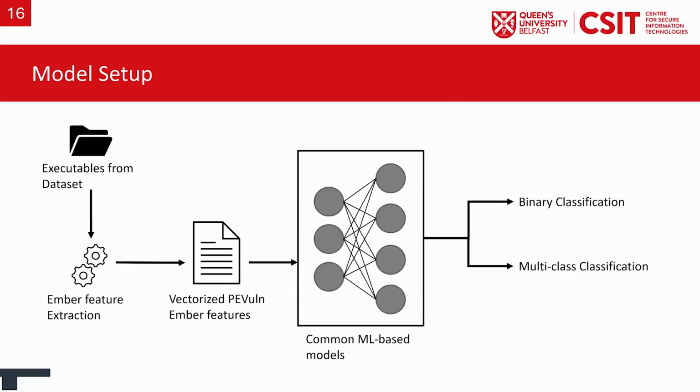So, just the setup of our model. We have the executables running through the EMBER feature extraction pipeline, and these vectorized features are passed through common machine learning-based models that we'll explain later or after the slide. And then we perform rigorous binary classification and multi-class classification on these samples using default parameters, hyperparameter optimization, and stratified k-fold because of the imbalance in data set sizes, just to see if we can rule out any imbalanced results.